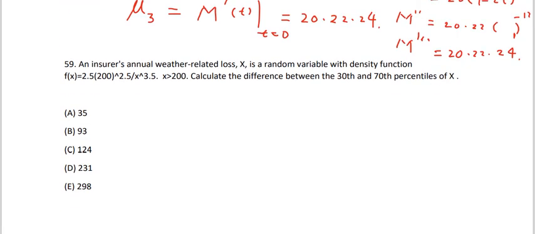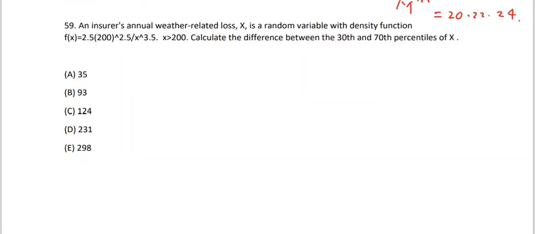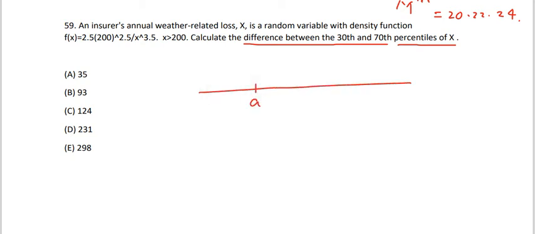So for problem 59, we want to find the difference between the 30th and 70th percentile. So what is a percentile? Okay, the 30th percentile means cut-off point A, so this part accounts for 30%.